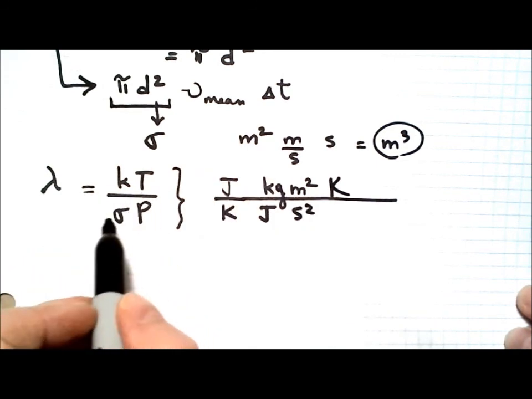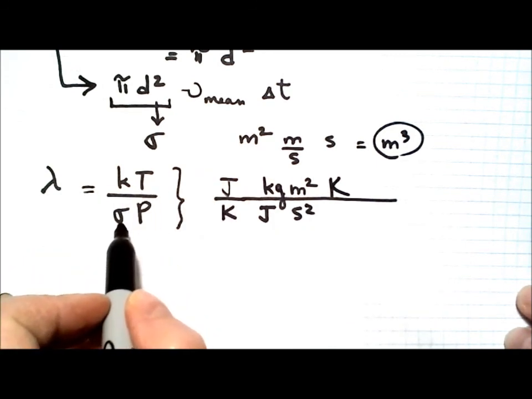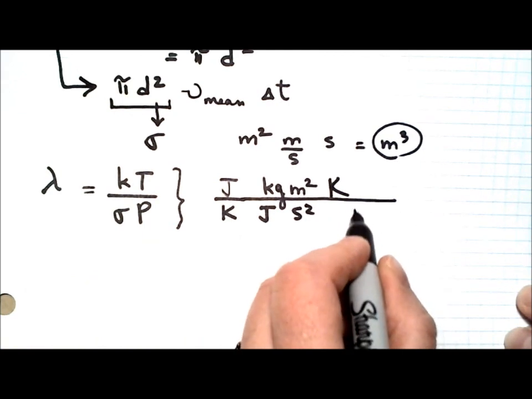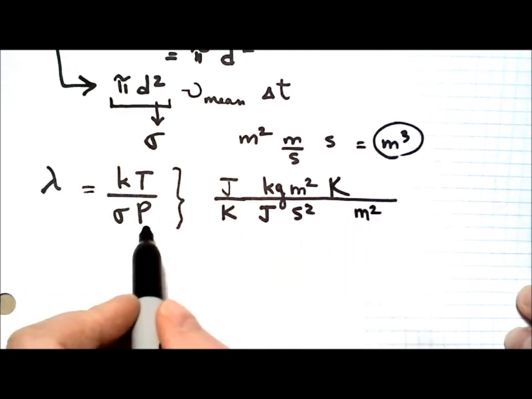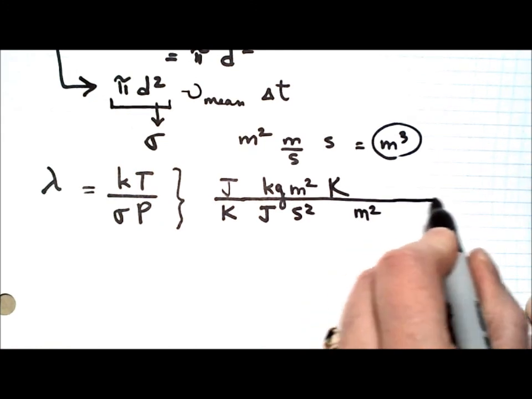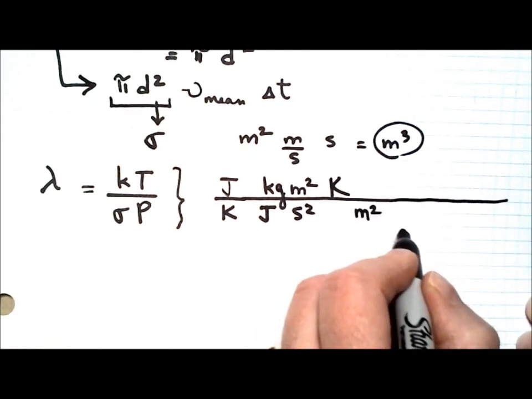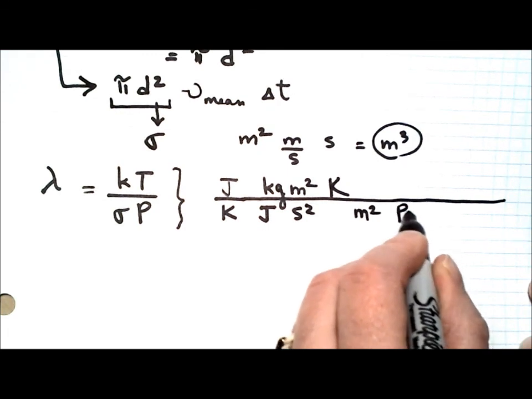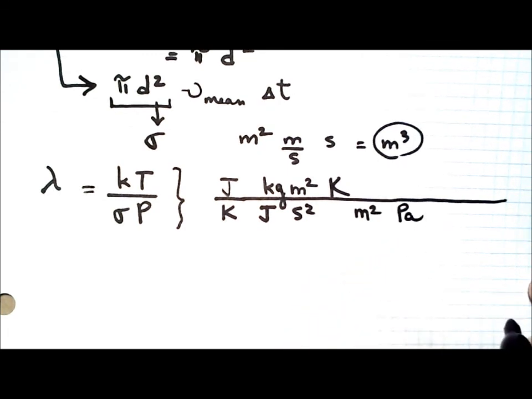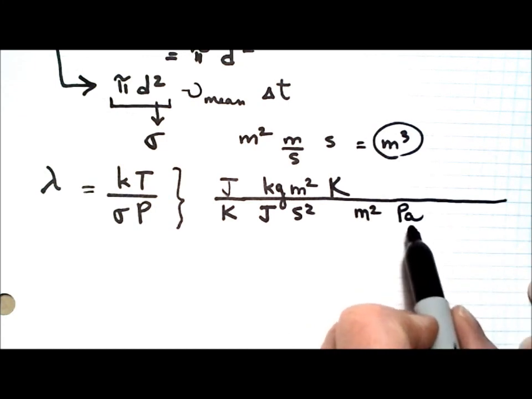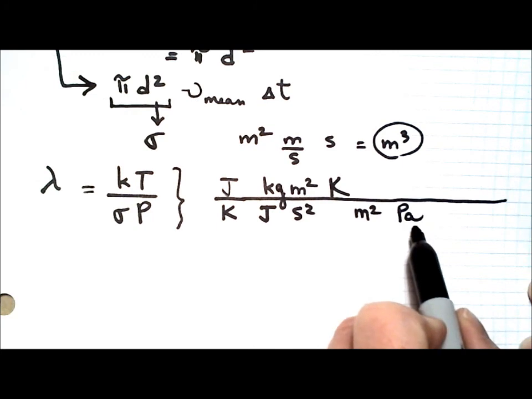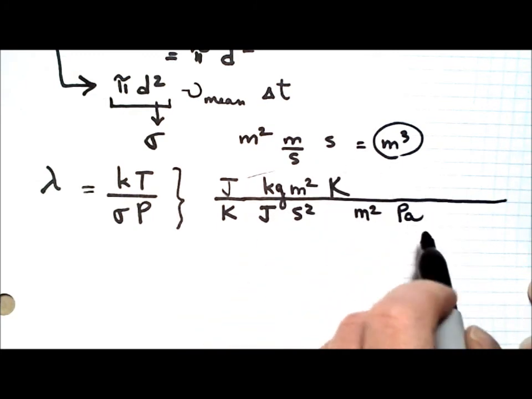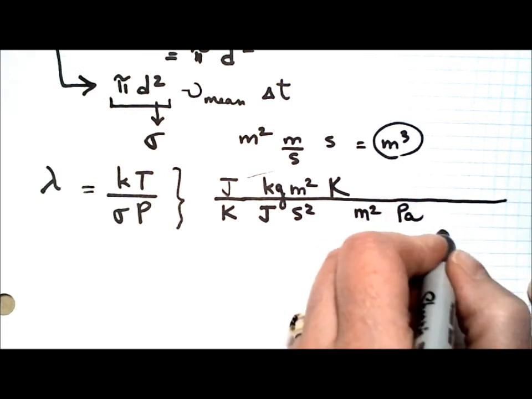And then it's divided by sigma, which should be in square meters, and divided by pressure. In any unit, you're going to convert it to a Pascal. So if it's torr or bar or atmosphere, PSI, millimeters mercury, convert it to a Pascal. And then in the expression, like we're doing here, convert your Pascal to its component SI unit.